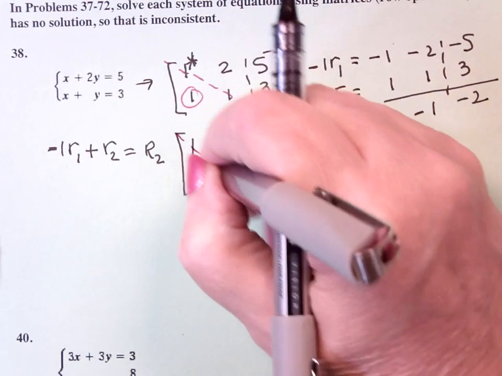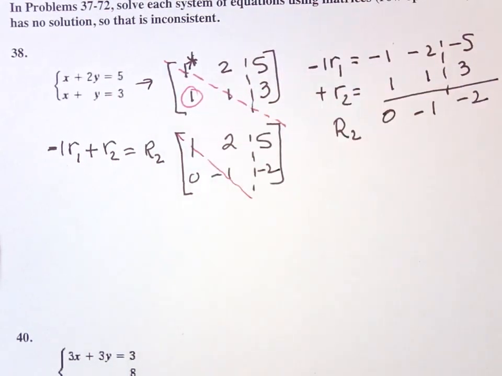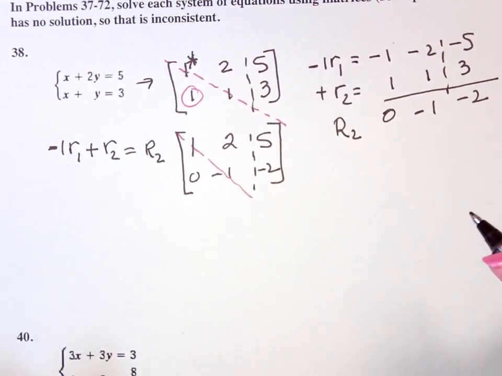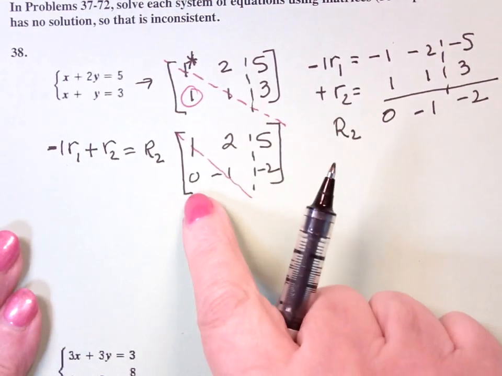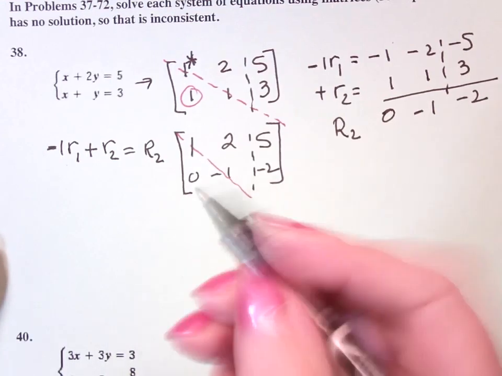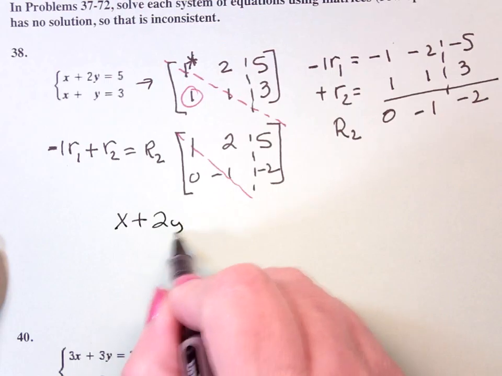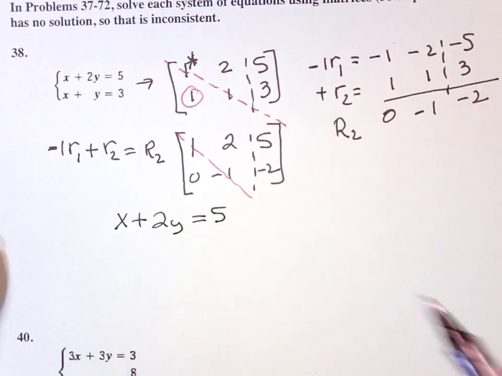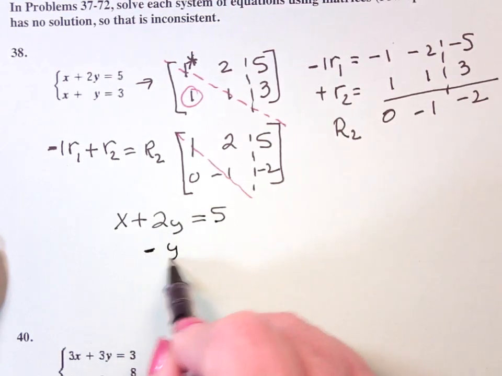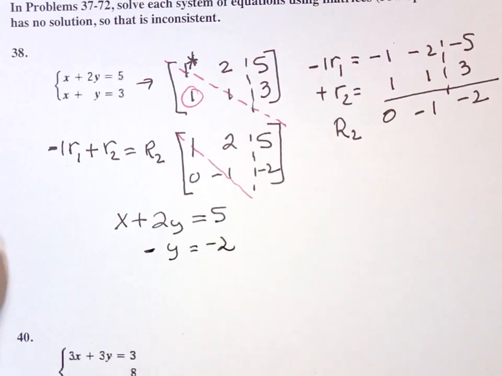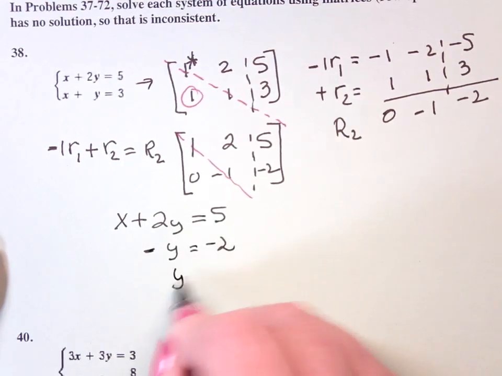Now I go down the main diagonal. The main diagonal does not have to be 1s, not when you're putting it in upper triangular form. And I've got 0s in the proper position, so what do I know? I know that x plus 2y equals 5, minus y equals -2, so that y is 2.